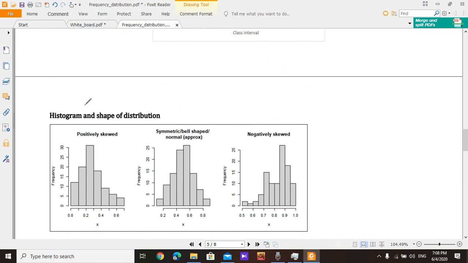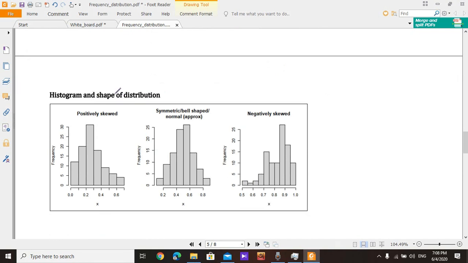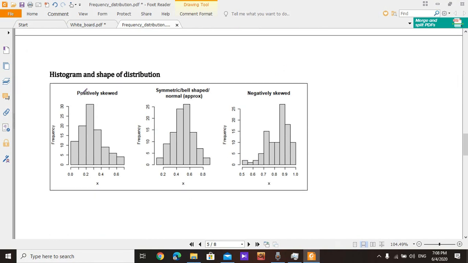Now, with the frequency distribution and shape of the distribution, how can we know that the distribution is not symmetric or has some skewness in the data? So what is skewness? Skewness means lack of symmetry. It is the deviation from a normal or bell-shaped distribution.